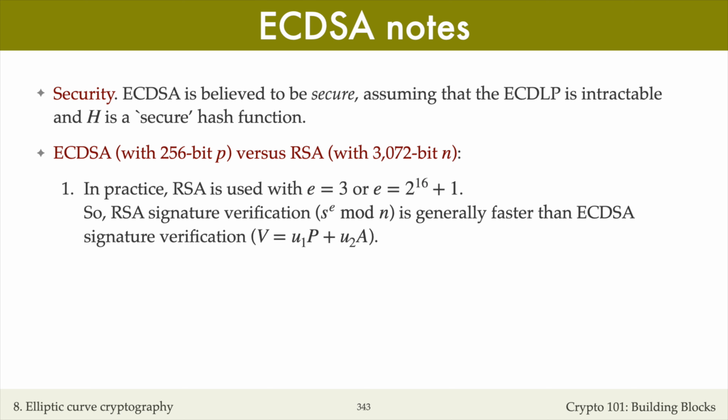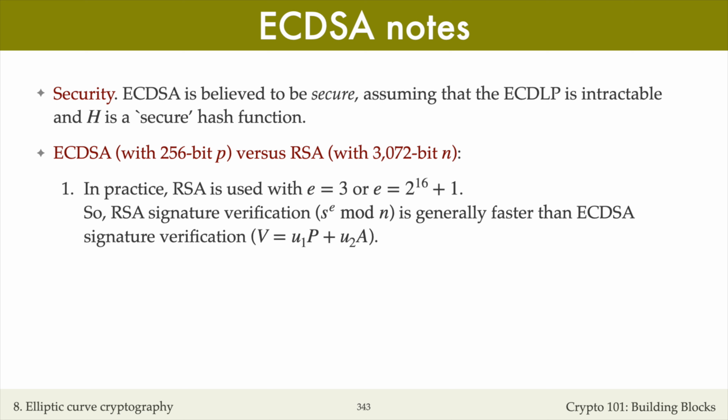Now in practice, RSA is generally used with small encryption exponent. For example, e equals 3, or e equals 2 to the 16 plus 1. And hence, RSA signature verification is generally much faster than ECDSA signature verification. This is because the dominant operation in RSA signature verification is the computation of S to the power e modulo n.